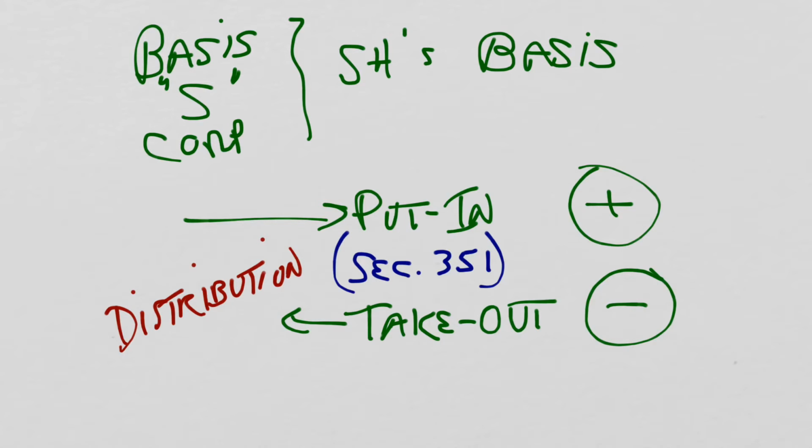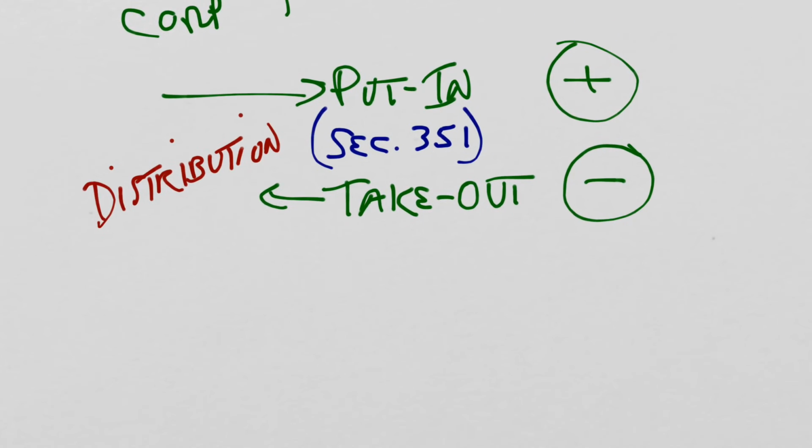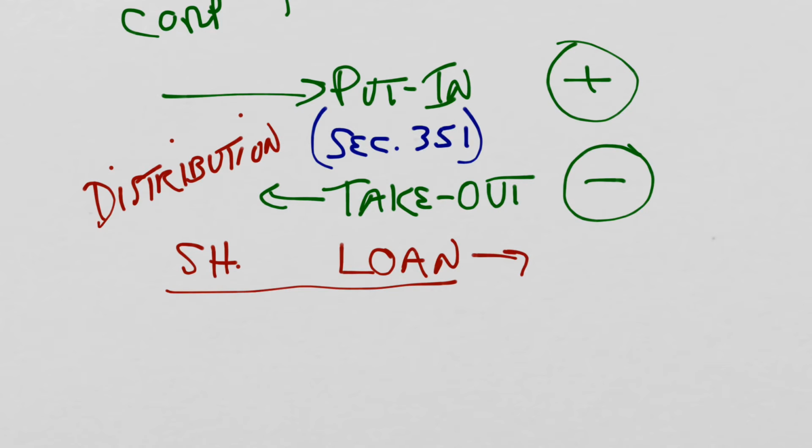And of course, along the way, if you put in more money, even not under Section 351, that adds to your basis as well. So later when you put more money in, it just adds to your basis. The next thing that we have to say as part of basis is if you loan money, so it's a shareholder loan, that adds to basis.